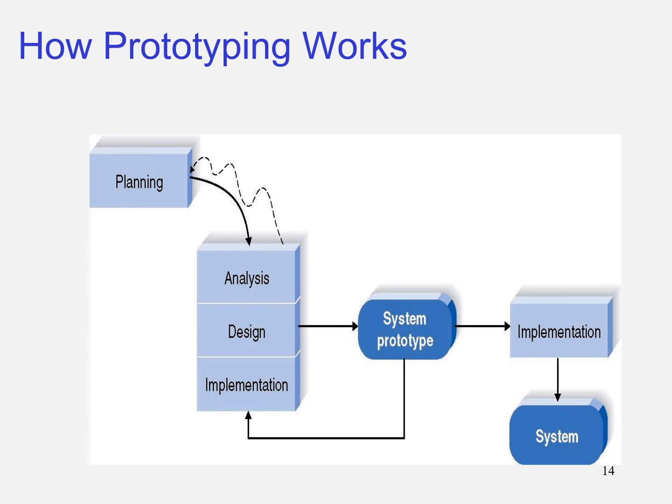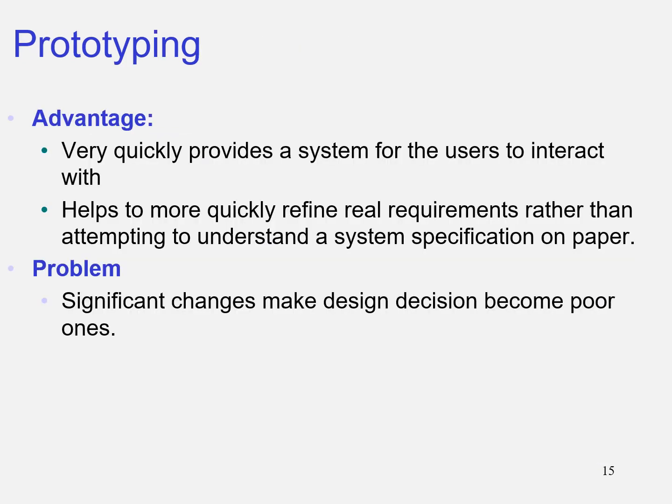Okay, so the user will be seeing the prototype, and from time to time the user will give feedback. I need to add more functions, I don't like that interface, the form does not look nice, and so on. And then you do that again and again. After the user agrees upon the system prototype, then you do the actual, complete implementation.